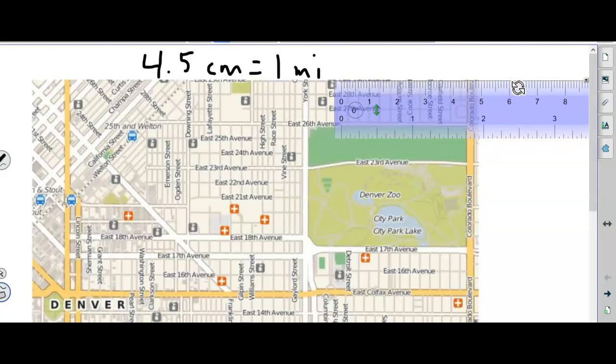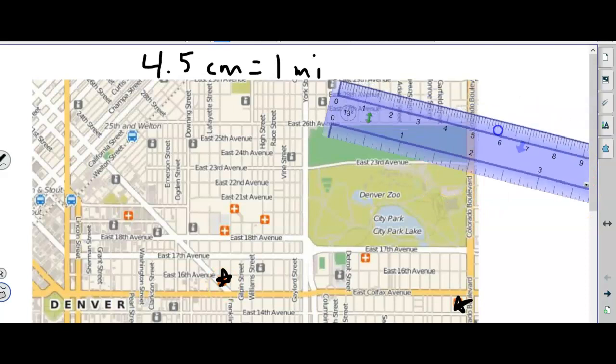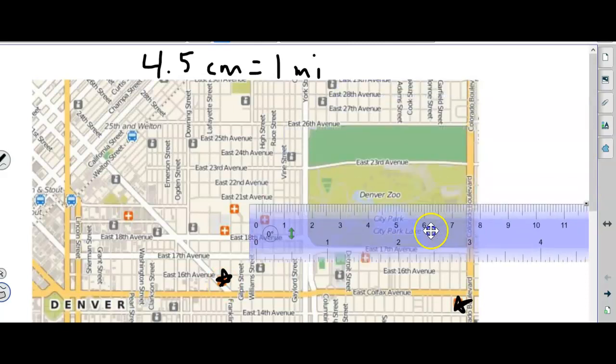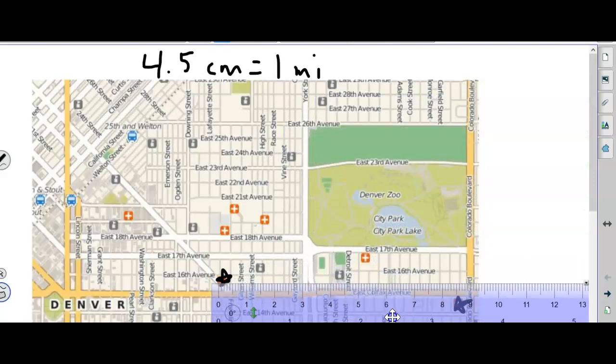All right, so let's first start by just trying to calculate. Let's say we've got this medical center to this medical center. We want to know how far apart are those. So what we're going to do is we've got to measure in centimeters. We're going to set up a proportion.